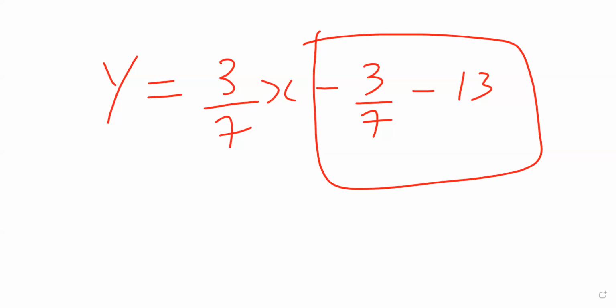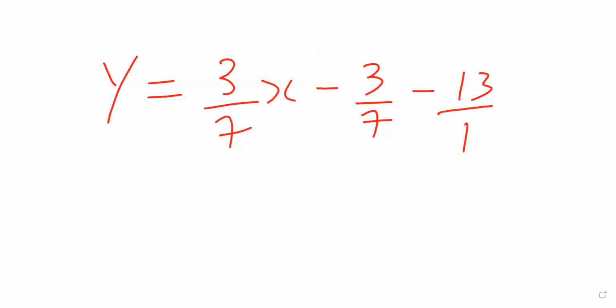So in order for us to have fractions with fractions, I could just simply create a fraction by dividing it by 1, which would give you back the same negative 13. It doesn't affect the negative 13. And so it is easier to work with fractions, subtracting fractions with fractions or adding fractions with fractions. And so that's why I created this fraction right here.